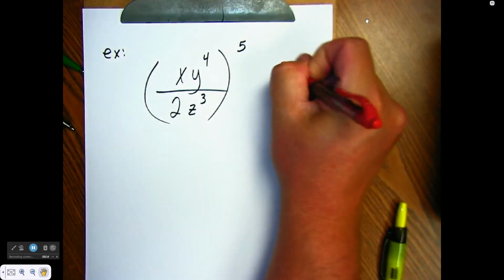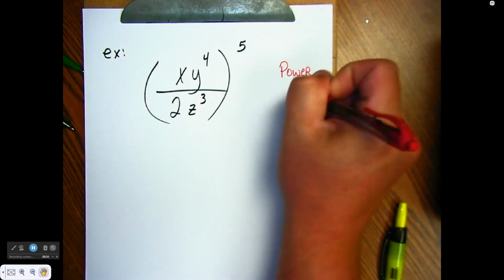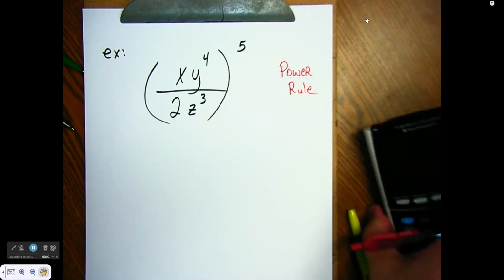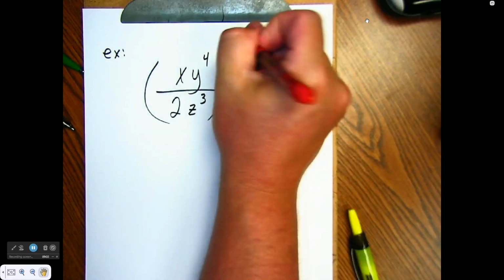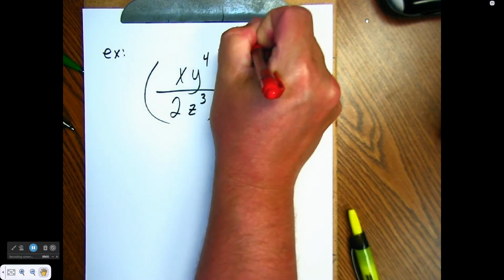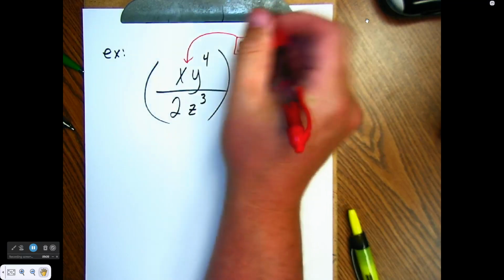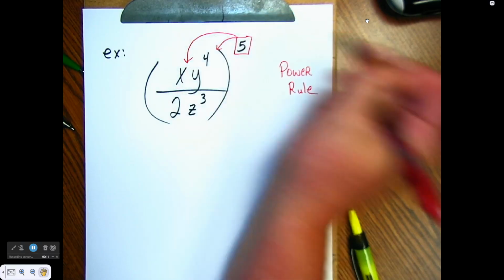And again, I will be using the power rule. The power rule says this outer exponent of a 5 will affect everything in my numerator, this x to the power of 1, this y to the power of 4.